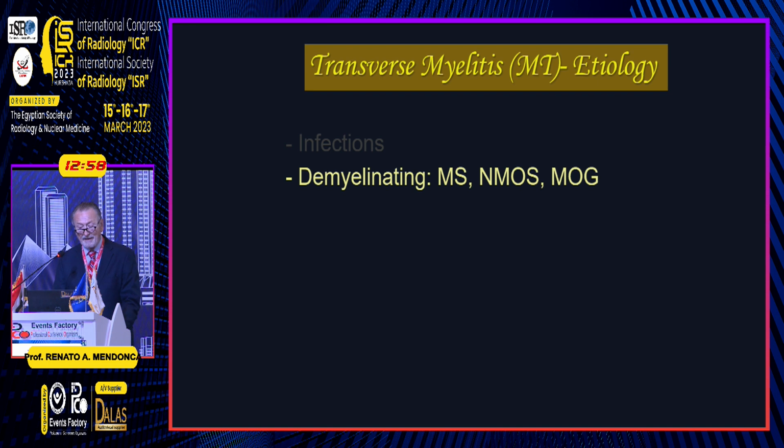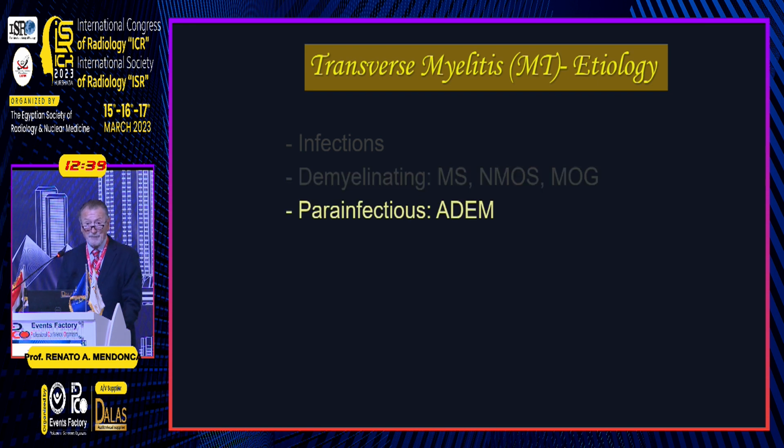We have the demyelinating diseases that Dr. Rovira is going to show for us: multiple sclerosis, neuromyelitis optica spectrum, myelin oligodendrocyte glycoprotein, the myelinating disease of the conus. We have the para-infectious. Sometimes we have an infection, but the damage to the spinal cord is not the infection itself, but para-infectious. So it's not very simple.